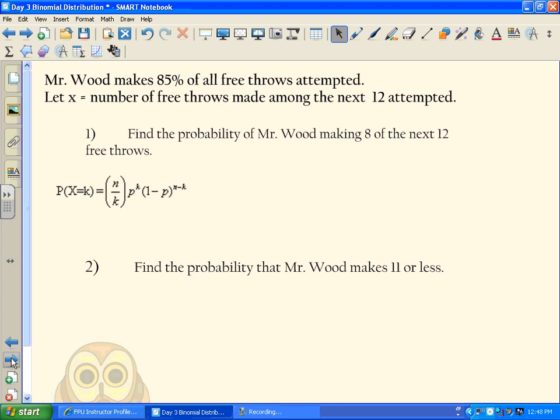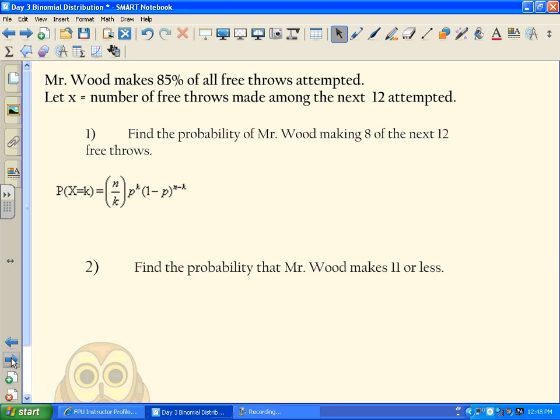I've had millions and millions of free throws, and I actually kept statistics on all of them. And I calculated all that. I got up to the 85%. No. But that's what I'm talking about in terms of context here. This 85% stands for that theoretical probability. That's over time. I've actually done millions of attempts, and it came out to be that.